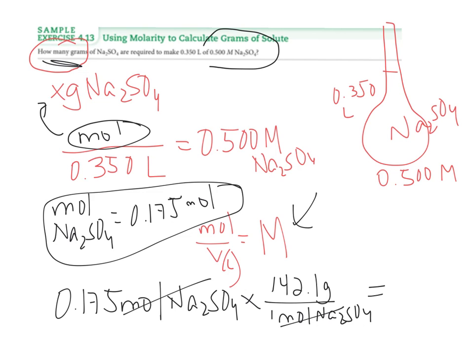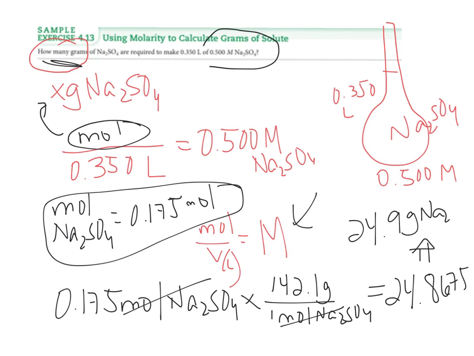So in grams, I will have 24.8675, which I will round. I'm going to round to 3 significant figures because that's how many I have in all these numbers. So that would be 24.9 grams of sodium sulfate is what I would need to make this.